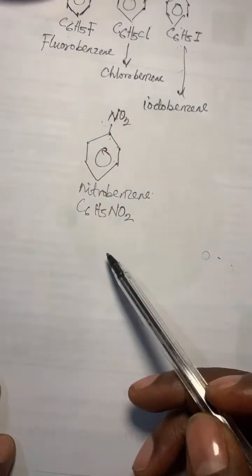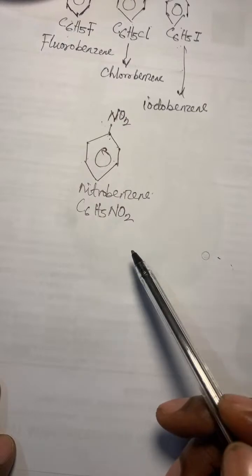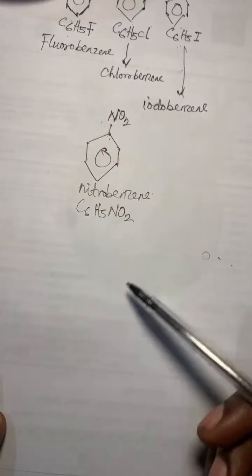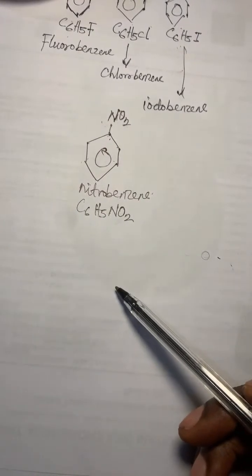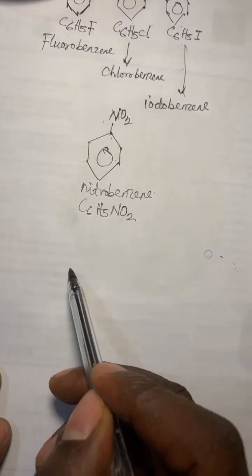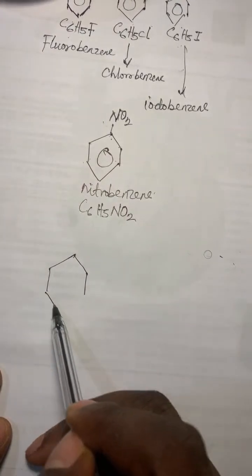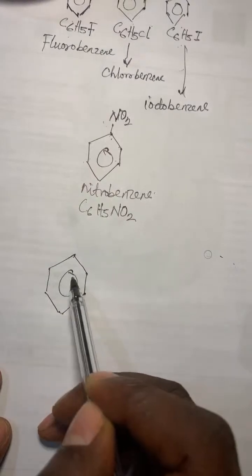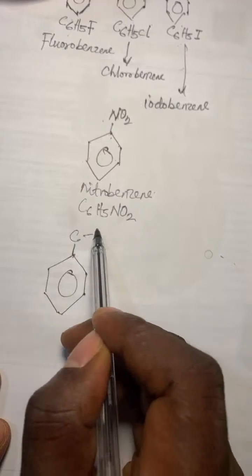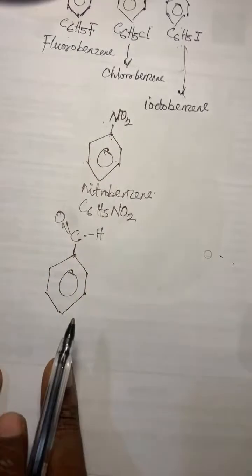Now, the next thing I want you to be familiar with is that benzoic acid and benzaldehyde are two exceptions in the naming rule. How can you differentiate between benzoic acid and benzaldehyde? Because they almost look alike. Let me show you quickly. If I have this benzene molecule, then I have a carbon atom bonded with a hydrogen atom and double bonded with an oxygen atom like this.